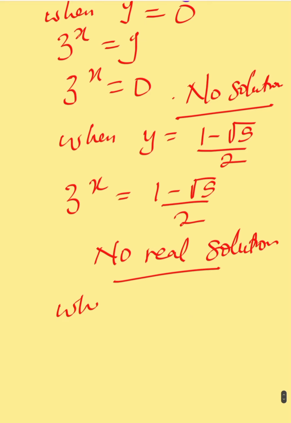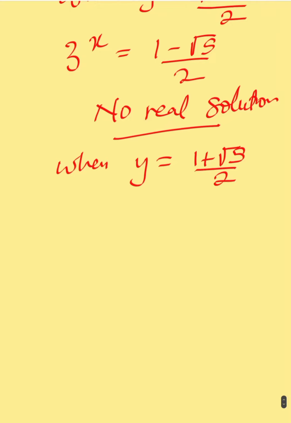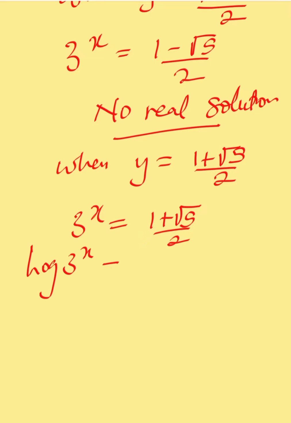But when y is equal to 1 plus root 5 all over 2, you will now have that 3 to the power of x is equal to 1 plus root 5 all over 2. If you transform this into logarithm, maybe you take the logarithm of both sides, or even if you don't, you can transform this index into logarithm.